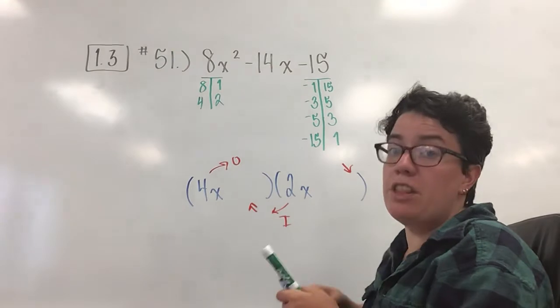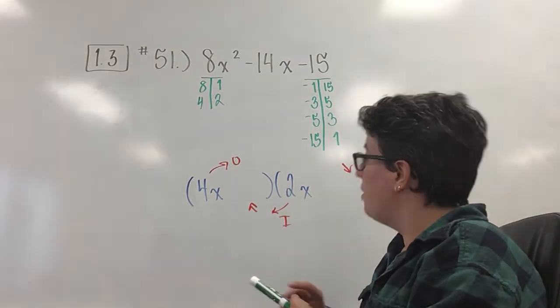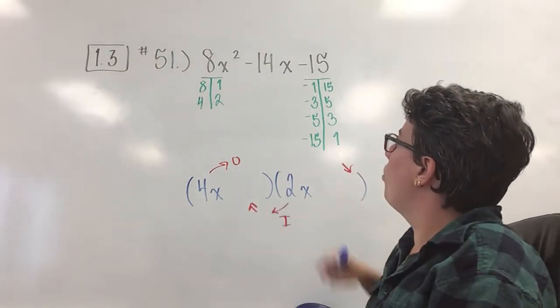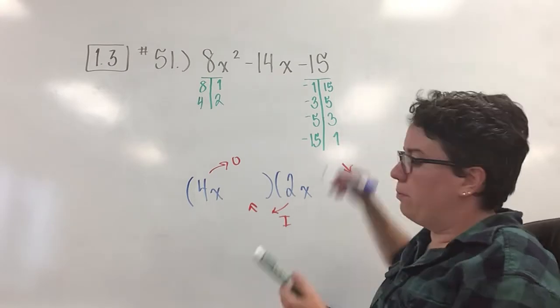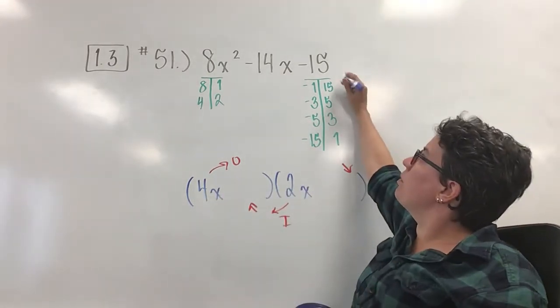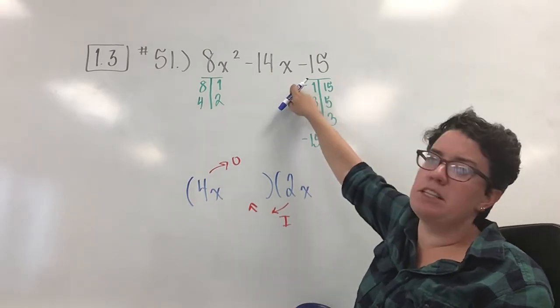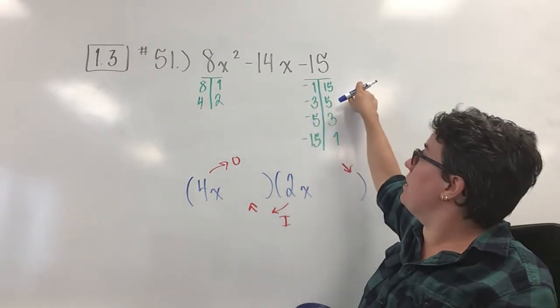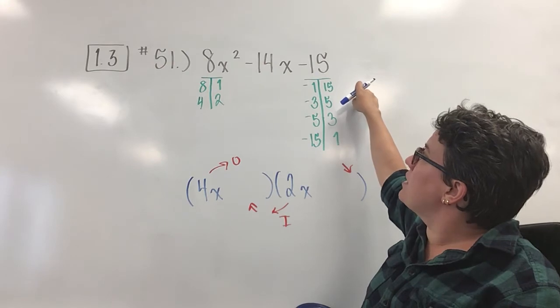So both numbers are being multiplied by either 4 or 2. So when I start checking them in my head, I'm going to say, okay, well, what if I multiplied this by 4 and this by 2? And then I have to flip them. So that's going to be really challenging.